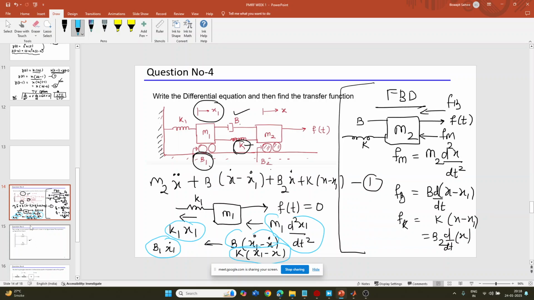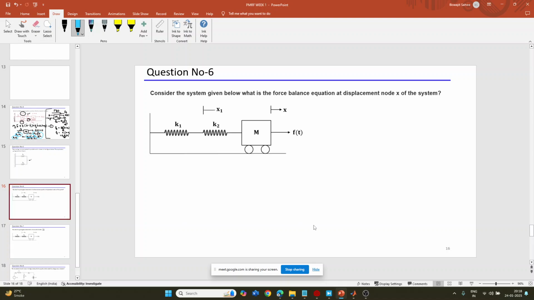Now let me quickly go to another question. First try to solve this question. This is a similar type of question, but how you are going to approach it, that I want to know. See, there is an external force on the body M. This is the body M. External force is F of T. Here nothing is given, so damping force B1 equal to 0.